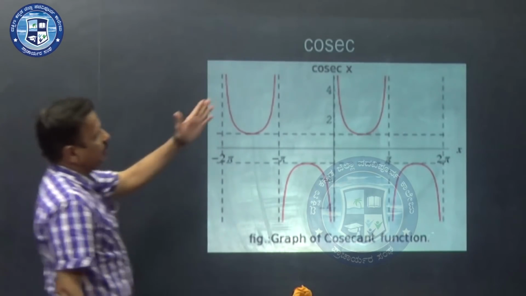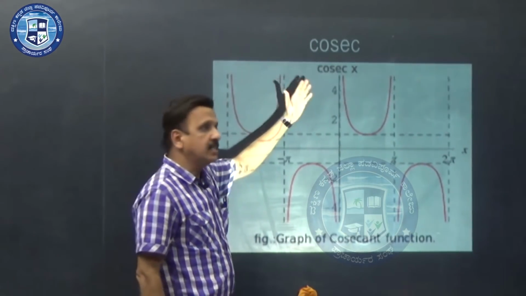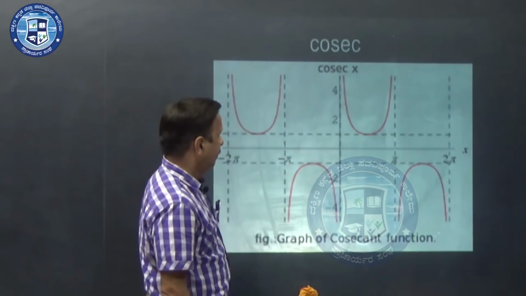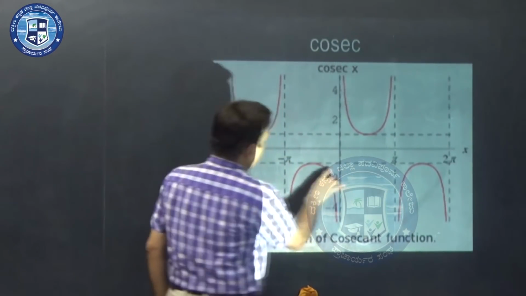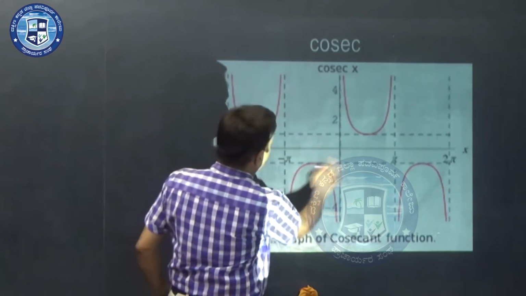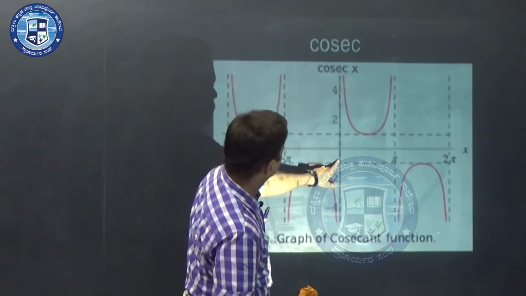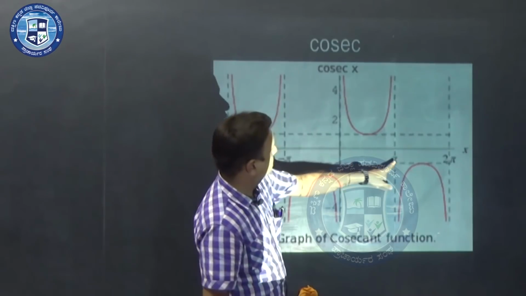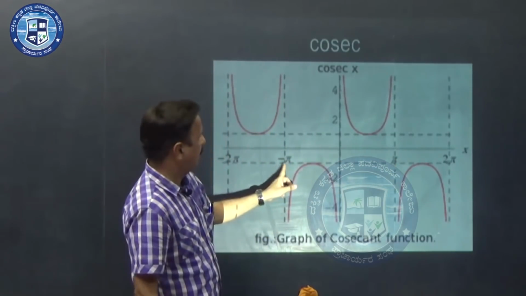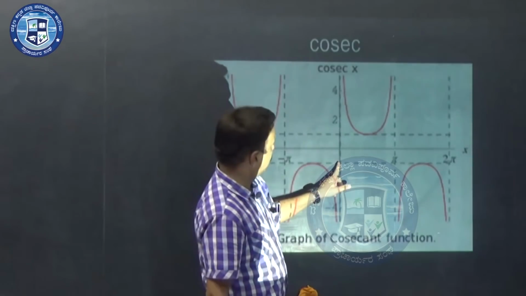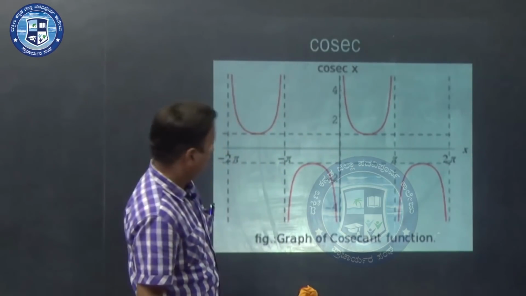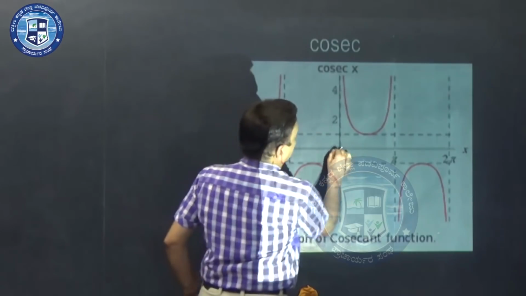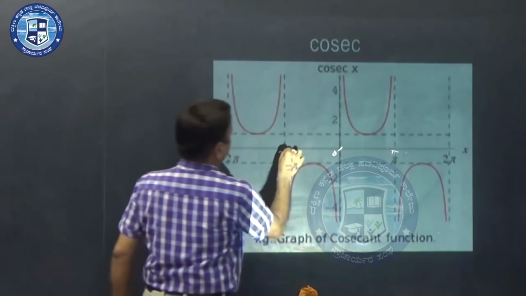Next, now the cosec function. I am talking about cosec x versus x. This is x equals 0, this is x equals pi, and this is x equals minus pi.